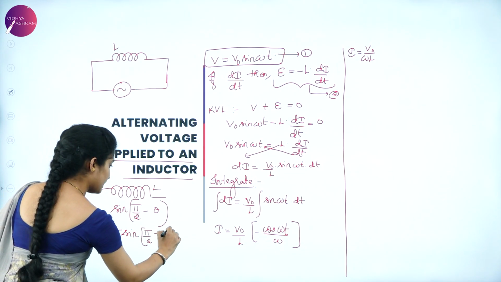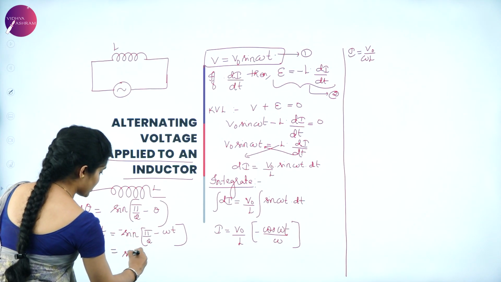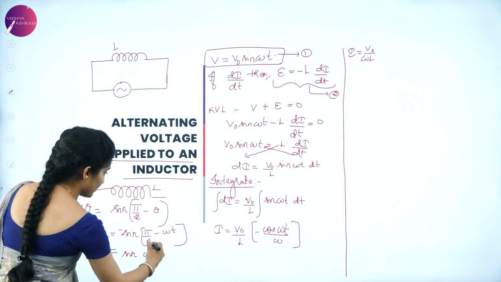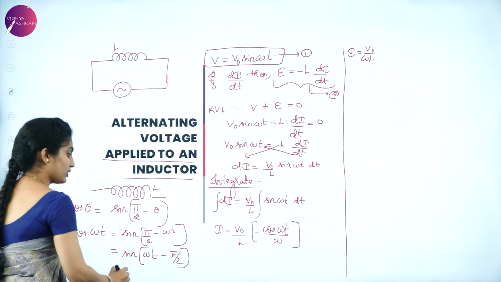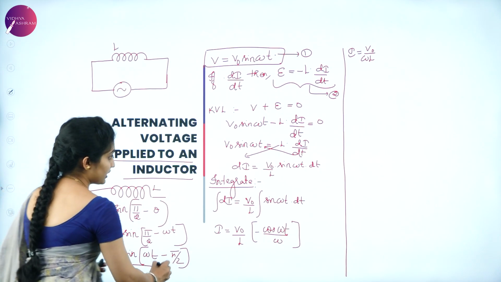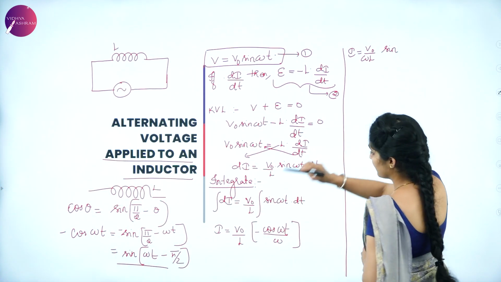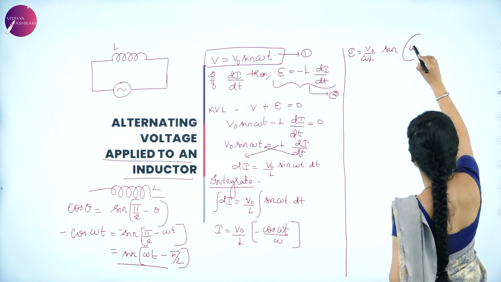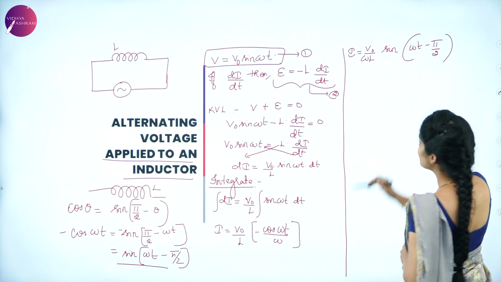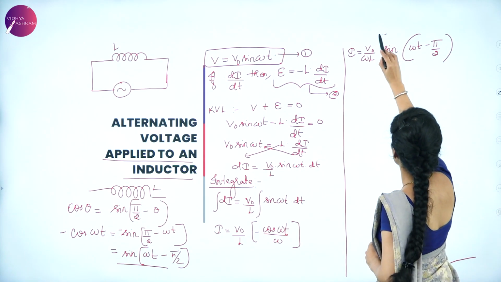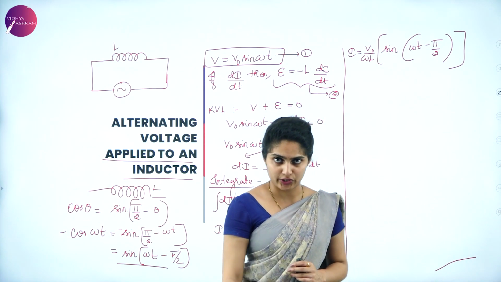Minus and minus make plus, so I write sine omega t first and then minus pi by 2 next. So this is the equation.